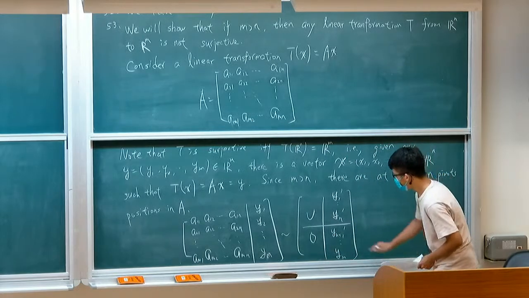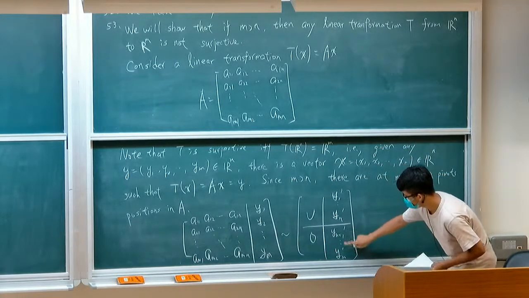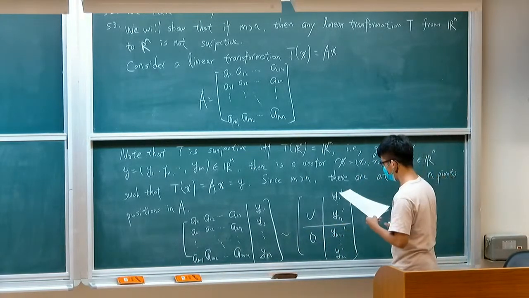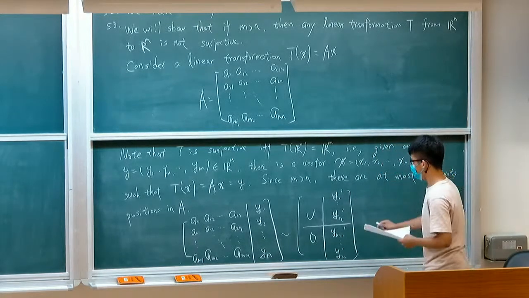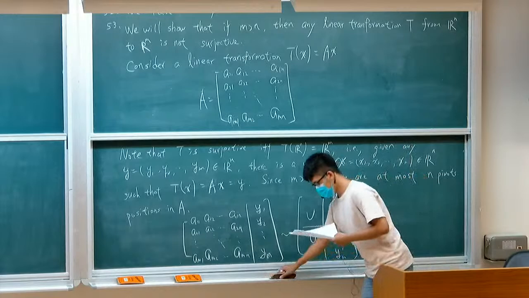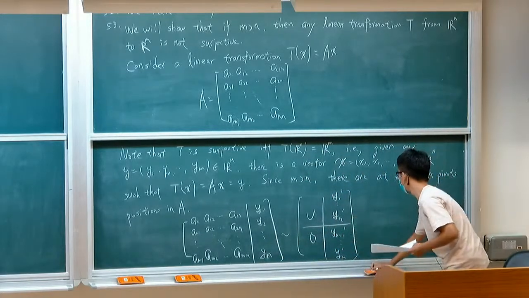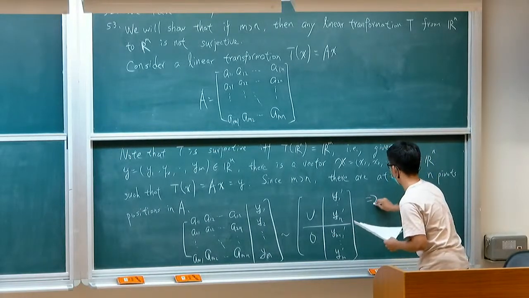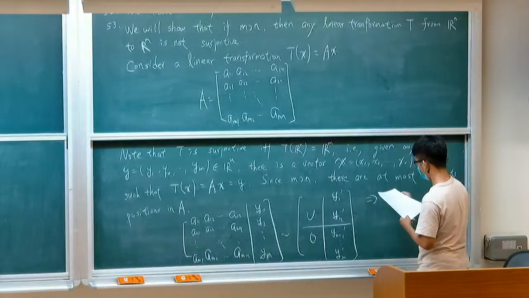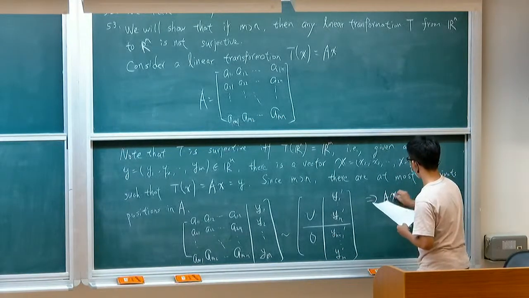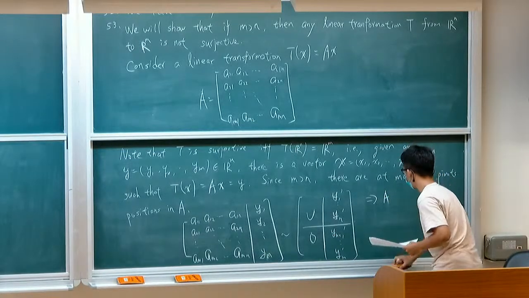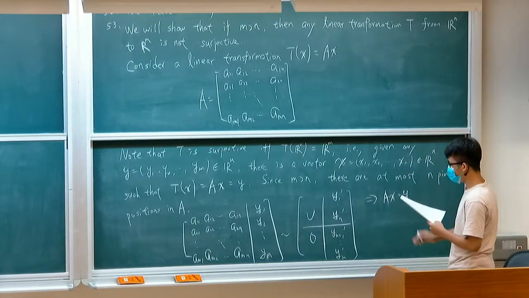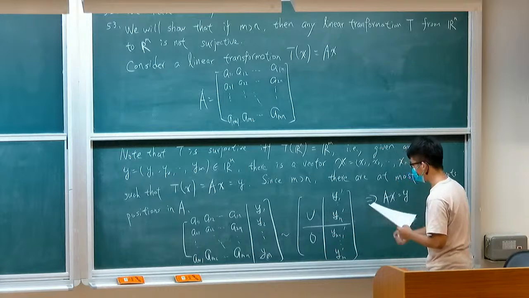So we can see that if one of these elements is non-zero, then this system is inconsistent. So it clearly shows that Ax equals y is not always consistent for any given y.